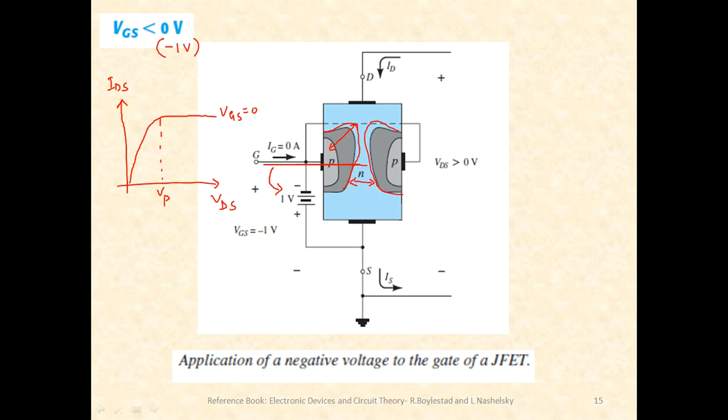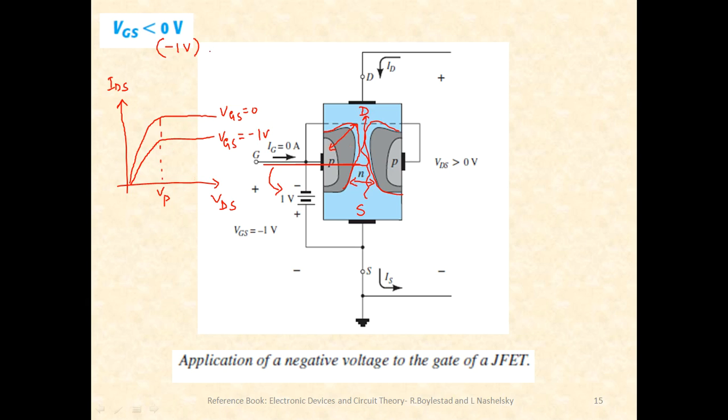So when pinch off occurs much earlier, it is quite obvious that the current flowing from source to the drain should also be lesser, right? The electrons which are flowing from source to the drain will also be lesser. So in that case, I have to draw the graph like this. Just observe. This is when VGS is minus 1 volt.